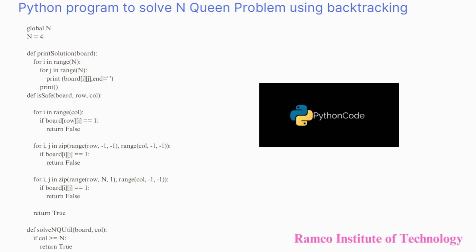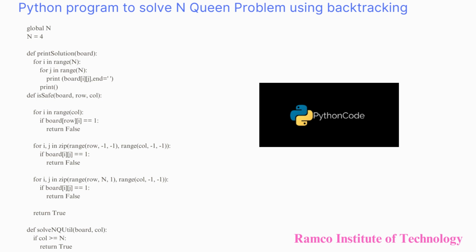First we will define the n value as 4. And next define the print solution function. Here for i in the range of 0 to n, that is, here we have to fix 0 to 3 because we are solving the 4 queens problem. So i value is 0 to 3 and j value is 0 to 3 and print the value of ij until ij value reaches the highest position of 3.